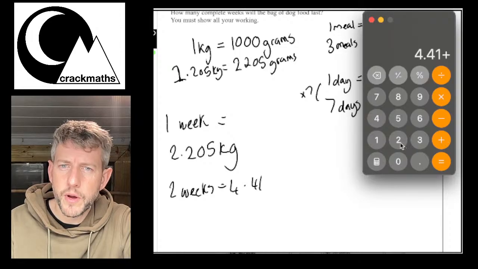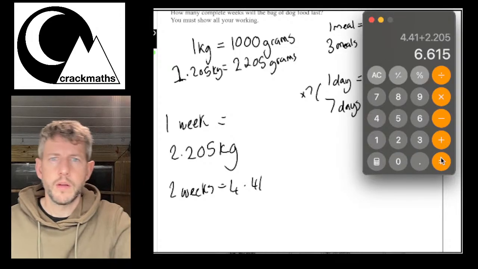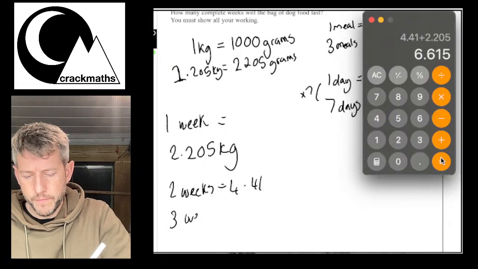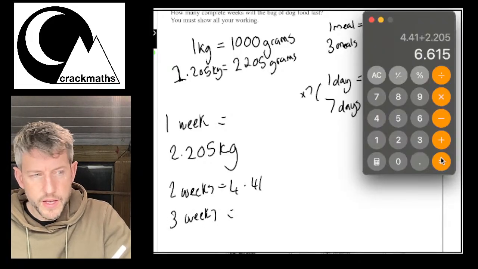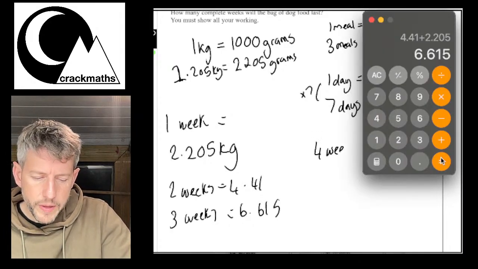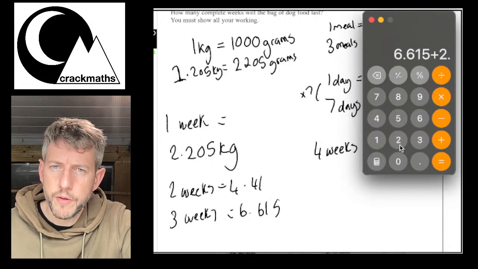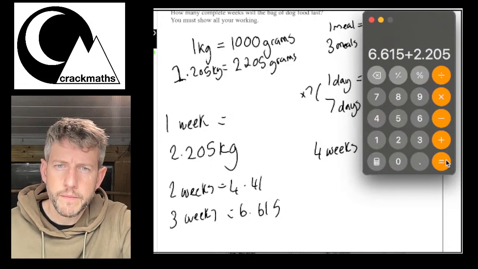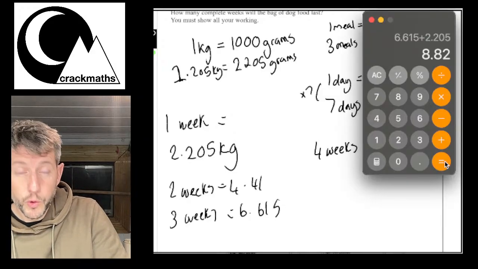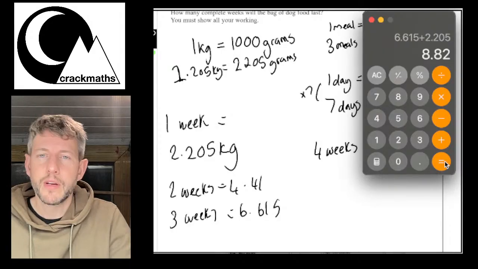Add the 2.205 again. So 3 weeks is 6.615. Let's go for 4 weeks. So plus the 2.205 again. So that equals 8.82.